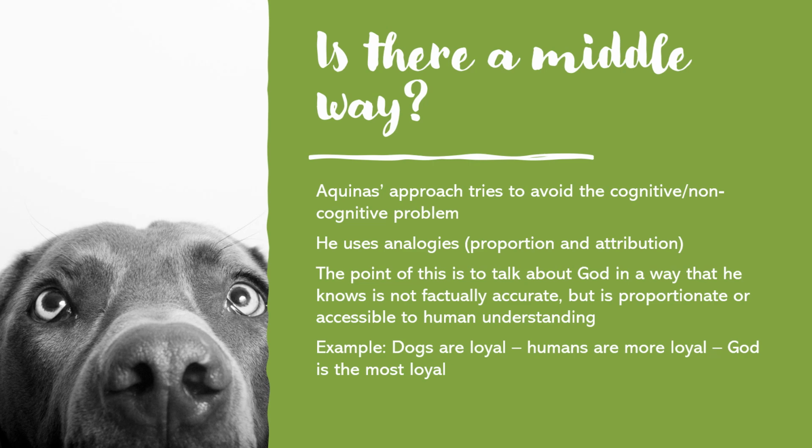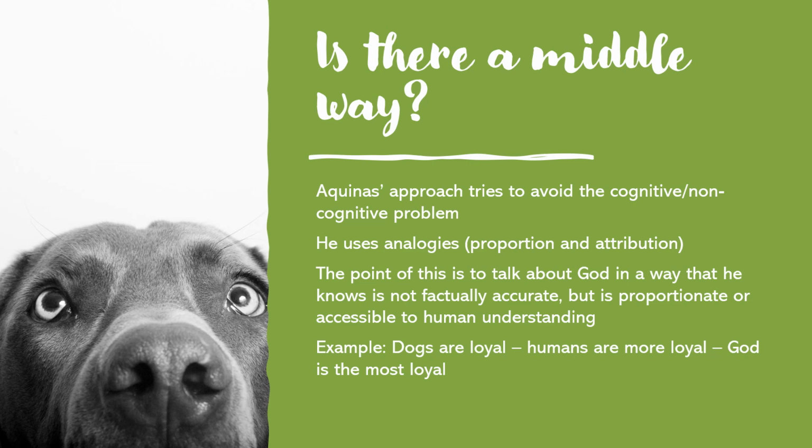Aquinas' approach is all about analogy. So he's got analogy of proportion, analogy of attribution. I'm not going to massively go through those now, but his point is when we talk about God, we're talking about something we can't understand. So it's not about are we dealing in facts or not? It's about can we say something about God in a way that makes sense to us?